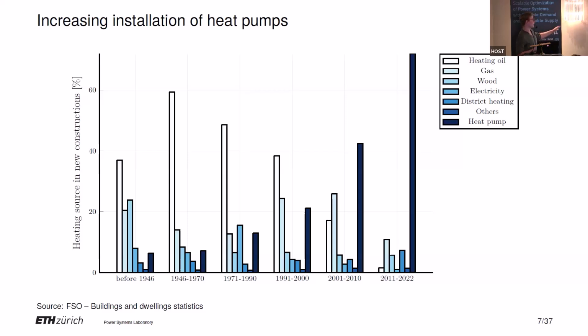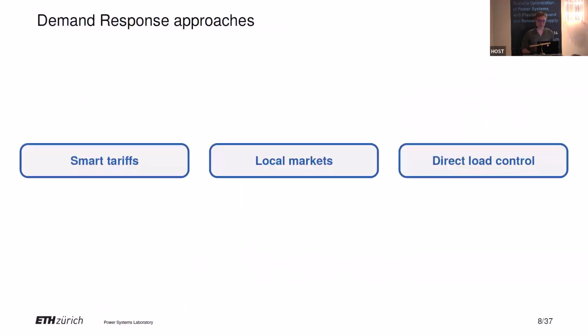Heat pumps are in the dark blue bar, and you can see that this is increasing a lot, reaching above 70% in the last decade. Knowing that the demand is also high, this brings a lot of potential to leverage this flexibility.